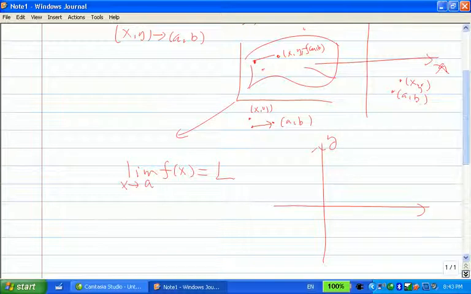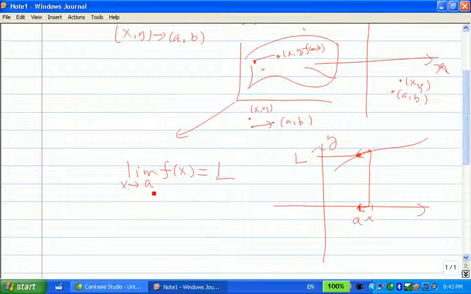Again, for a single variable function f(x), its graph is a curve. Say here is a, and here is L. Pick x, you get f(x). Pick another x, you get another f(x). As x goes to a, you can tell f(x) goes to L, right?